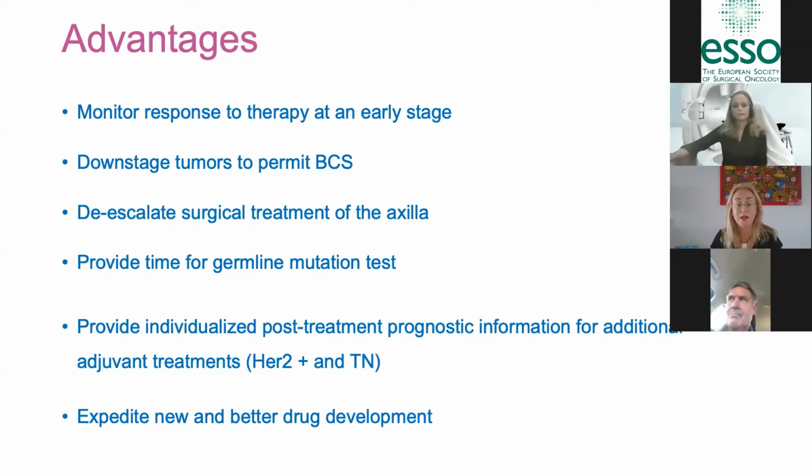We will have time to do a mutation test for a germline mutation, even though in many institutions now it just takes a couple of weeks. We can also provide individualized post-treatment prognostic information for additional adjuvant treatments. And I think this is a point that has been increasing in importance in the last years. And of course, we can expedite new and better drug development.